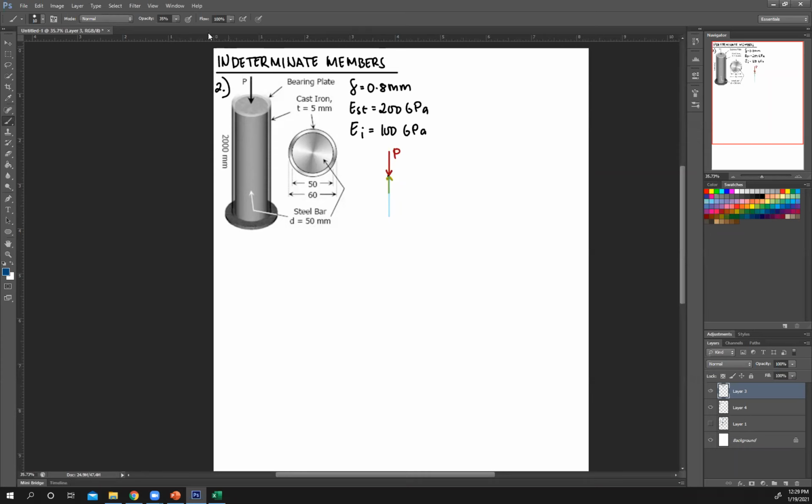Again, reaction of your steel bar. And then reaction of your iron bar.